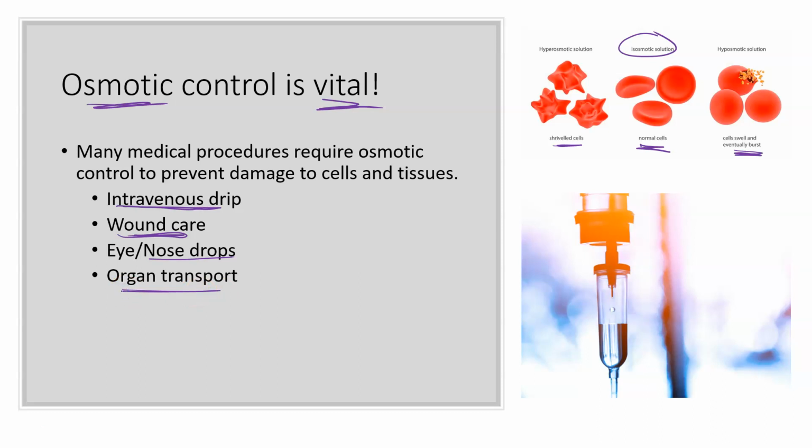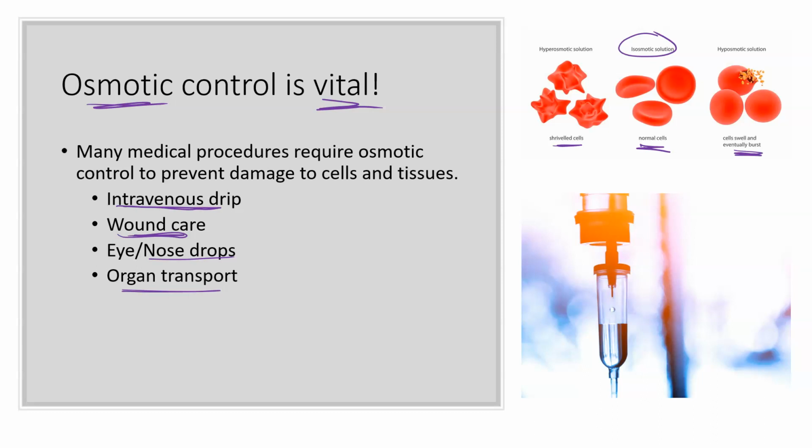And then organ transport, when organs are removed from a donor and transported to the recipient, they are often going to be housed within an isotonic solution, again, to help retain normal cell hydration levels and normal cell size and functioning, right? We don't, again, want to produce a swelled or shriveled cell.